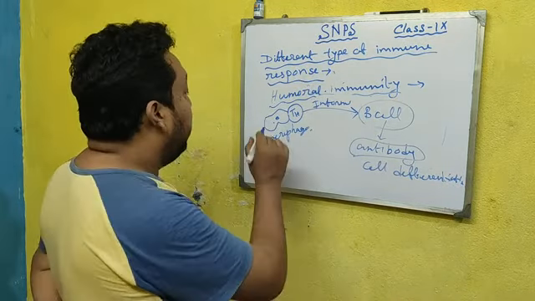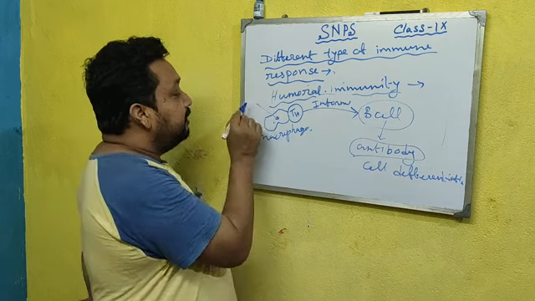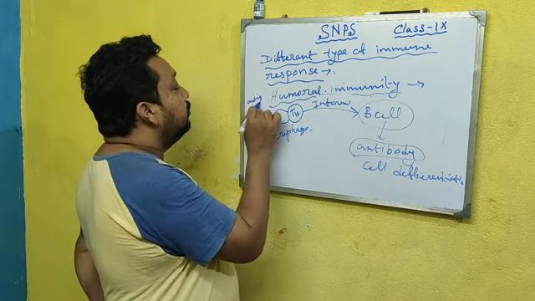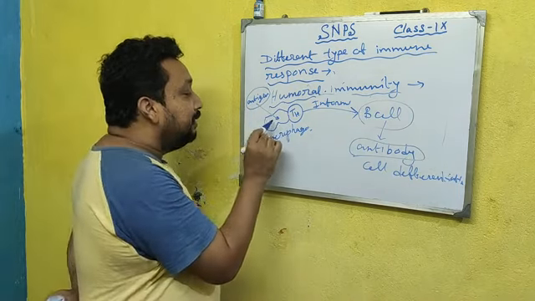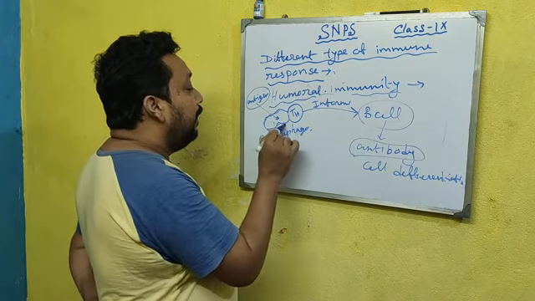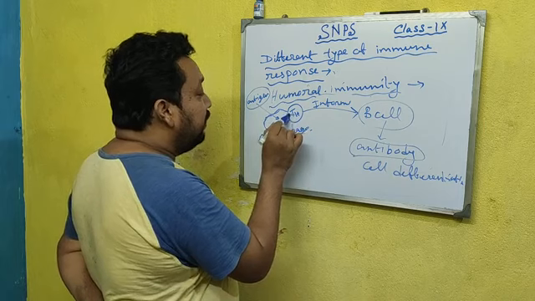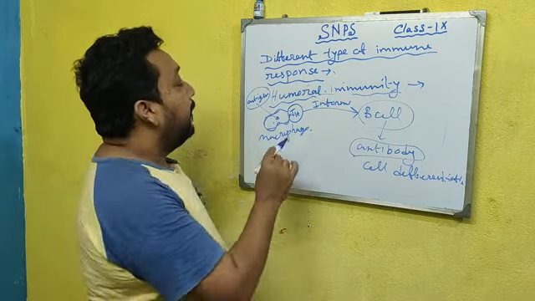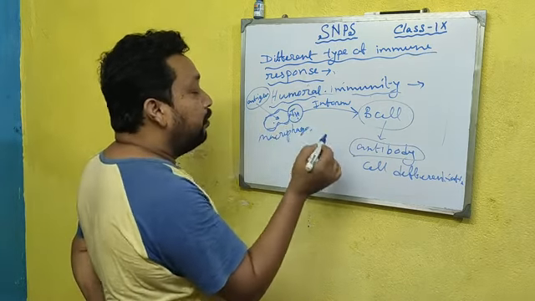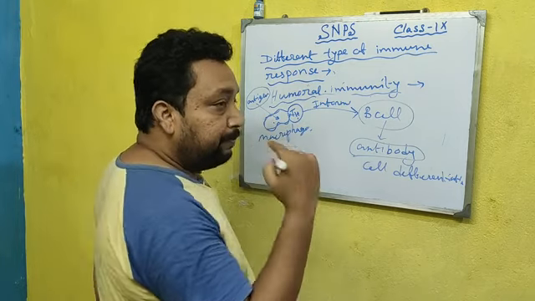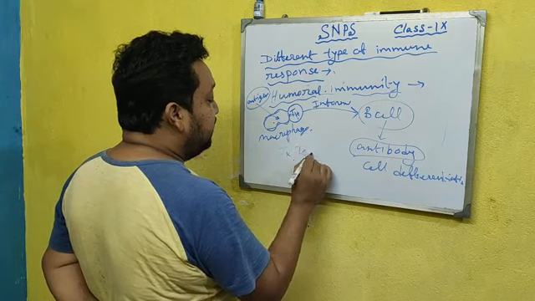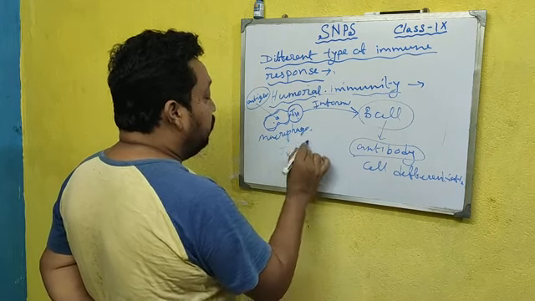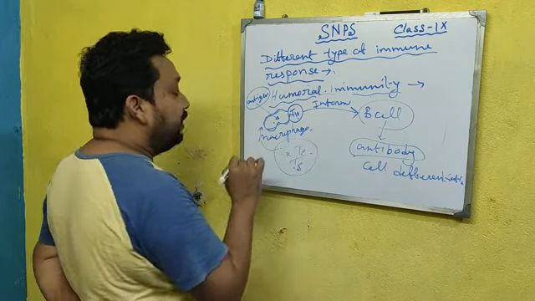I repeat, it is the antigen. The antigen enters into the body, then the macrophage engulfs it and the T helper cell attaches with the cell. The T helper cell now differentiates and produces different kinds of TK cell, TC cell, TS cell to destroy the antigen.